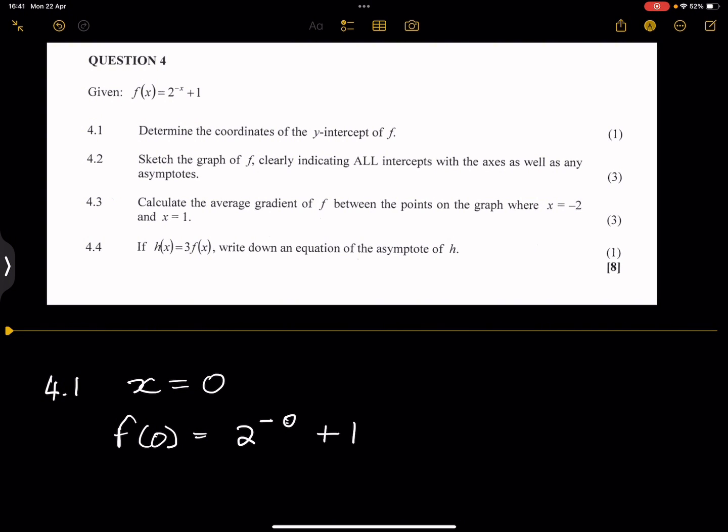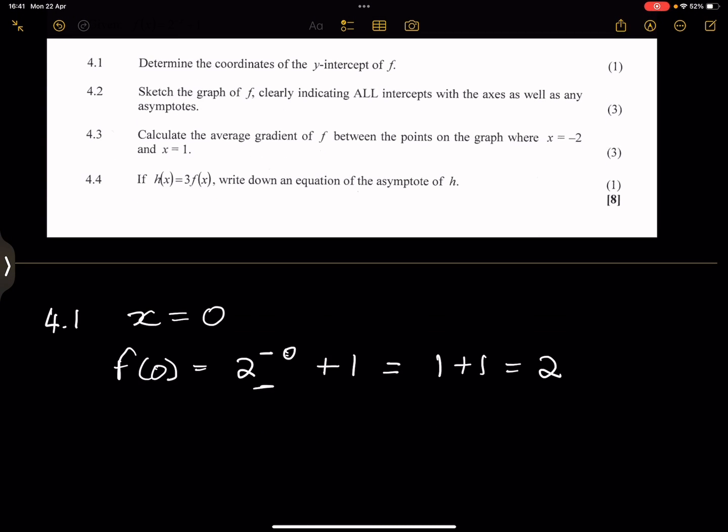Now remember, anything to the power 0 is 1. So 2 to the exponent minus 0 gives us 1, and 1 plus 1 gives us 2. That means our y-intercept will be at (0; 2). So that's the y-intercept.